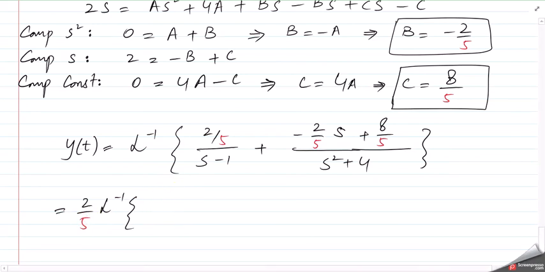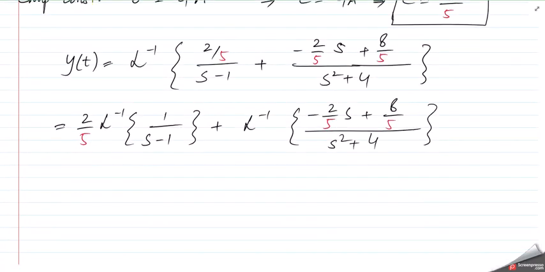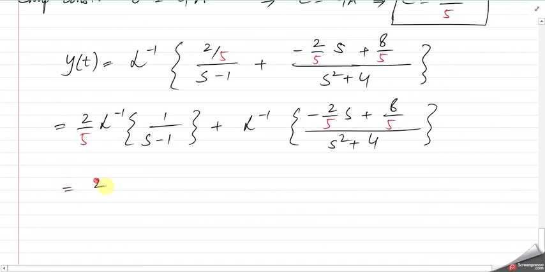Over s, and here we write again minus 2 over s plus 8 over s squared plus 4. This is 5 and this is 5. This one is almost done. So 2 by 5 e power t.